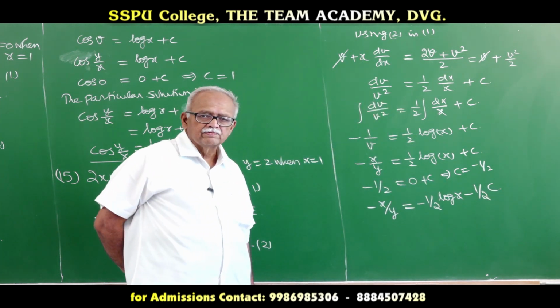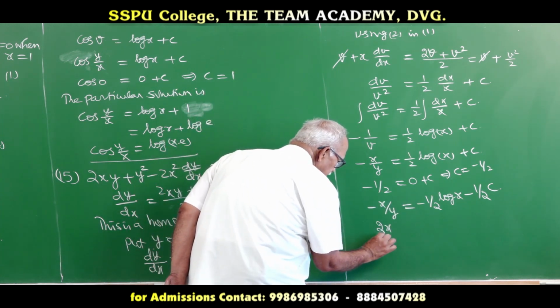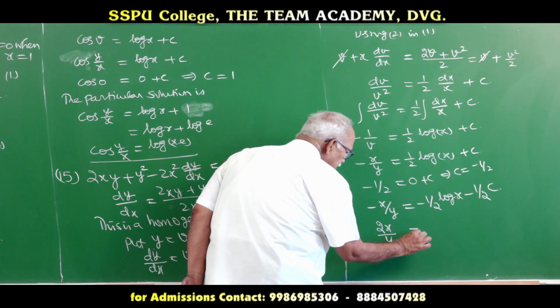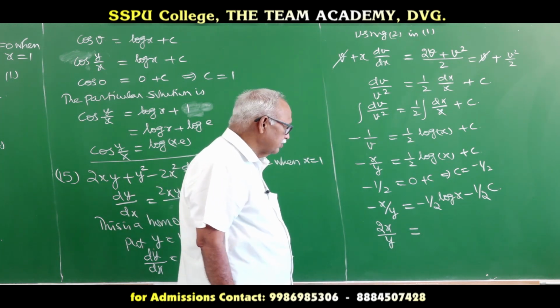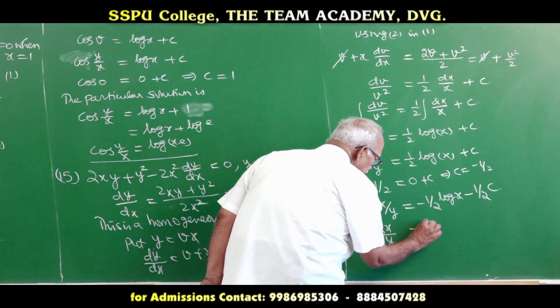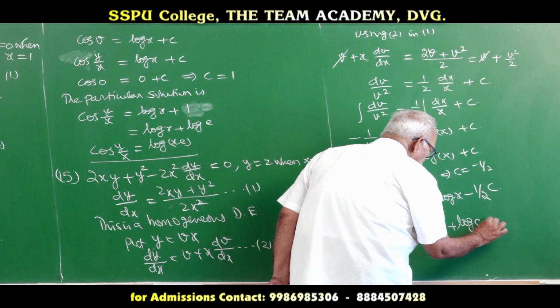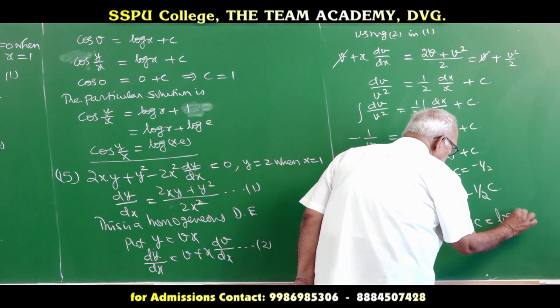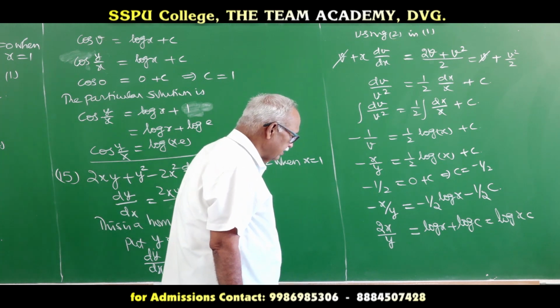So, the minus term we can cancel and we can bring the 2 here. 2x by y is equal to log x plus log c. This can be written as log x c.